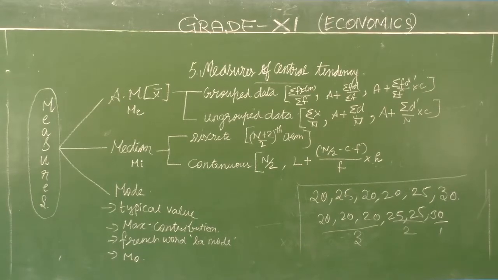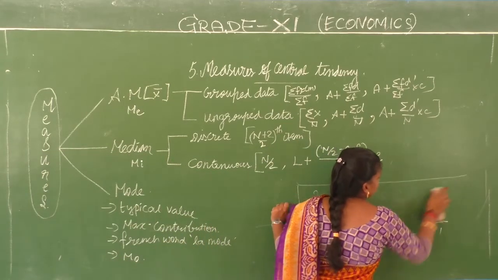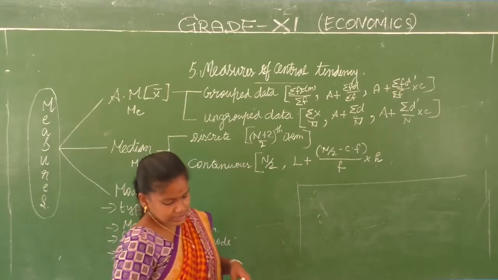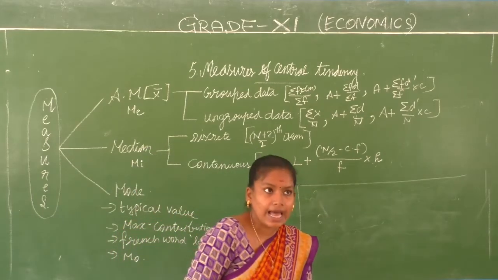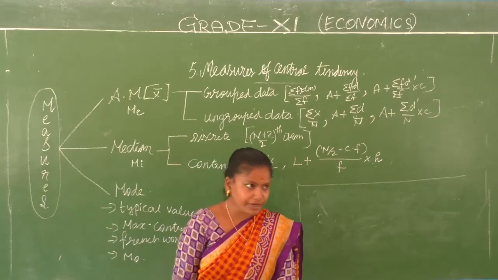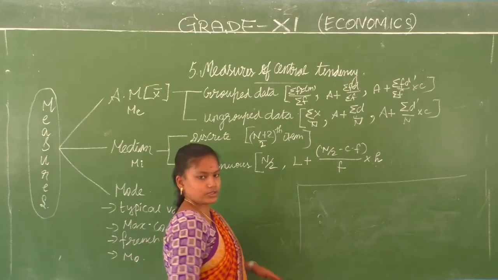Talking about grouped data, that is when frequency is already given, how are we going to find it? That is what we are going to discuss right now. So here we have an example where we have the variables and we have the frequency. What are the variables? We have 10, 20, 30, 40, 50.